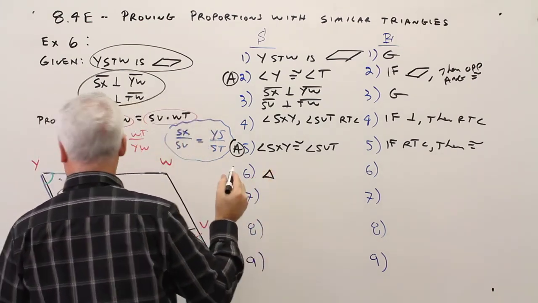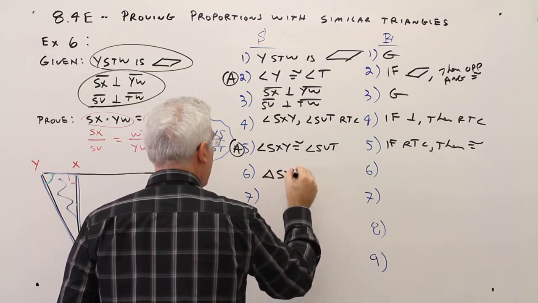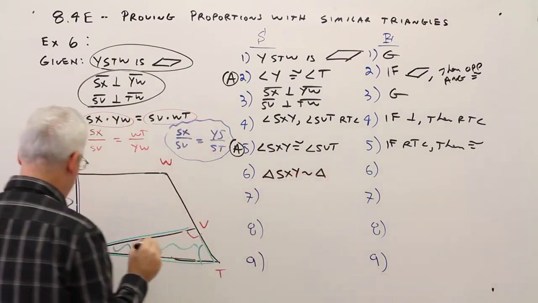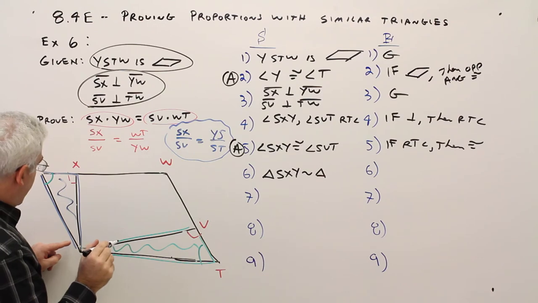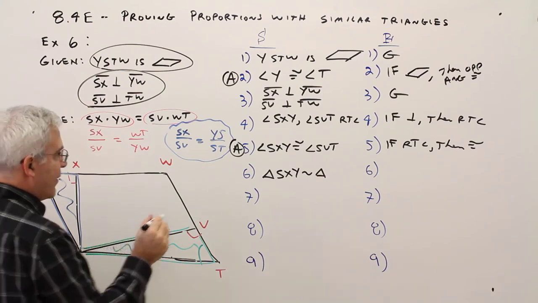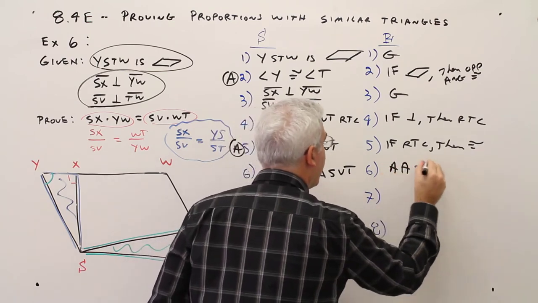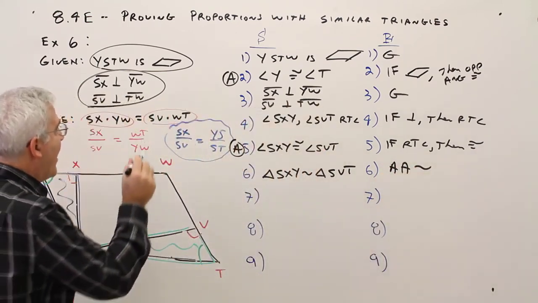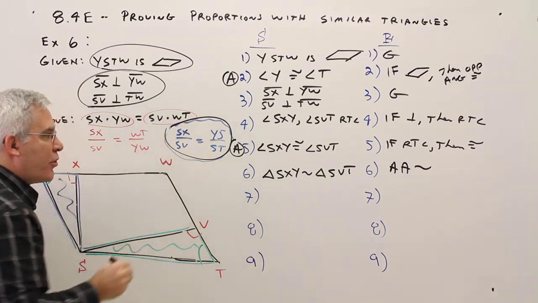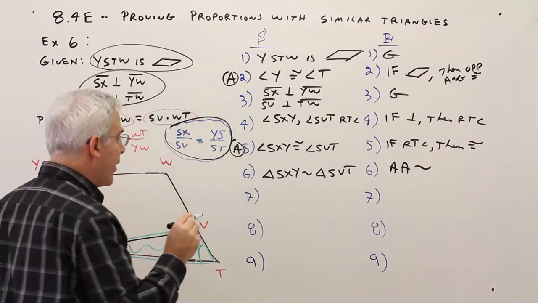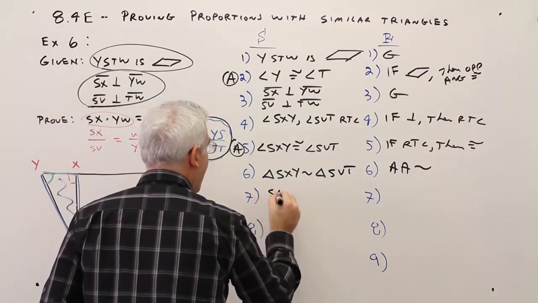Triangle SXY is similar to triangle SVT. Angle-angle similarity. From that, I'll get this proportion here. I'll be careful with the ordering. So let's just check.